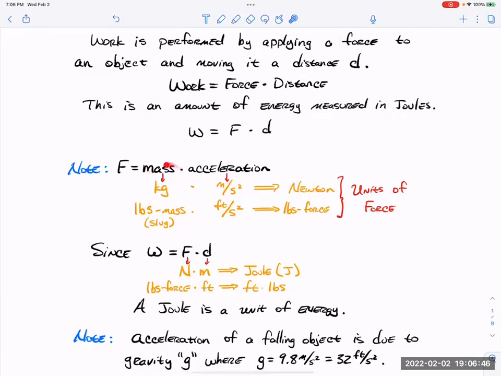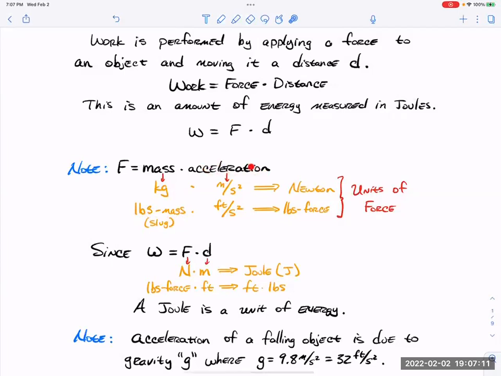Now, what about mass in customary units? Well, mass in our units is actually sometimes abbreviated as pounds mass, but it's actually called a slug. You don't have to worry about this. You're not going to have to worry about a slug, but slugs actually are units of mass. It's the equivalent of kilograms, okay? But sometimes you'll see pounds mass.